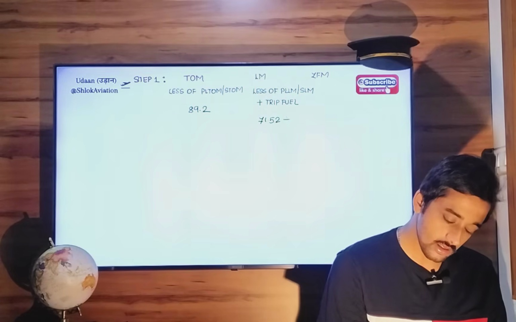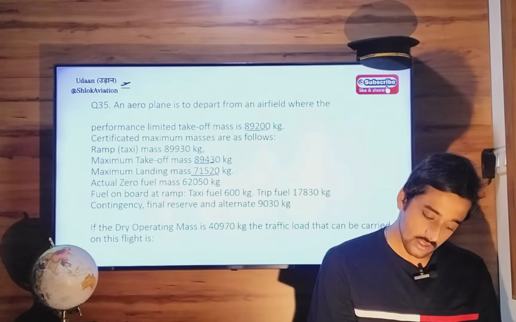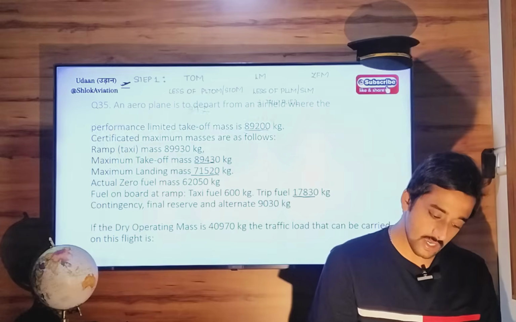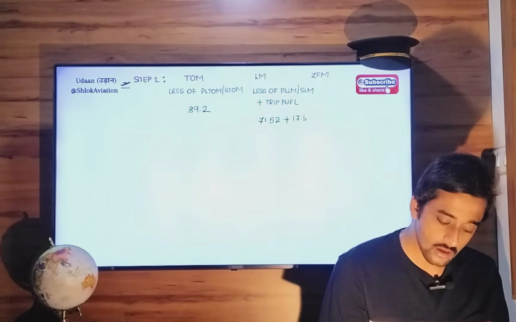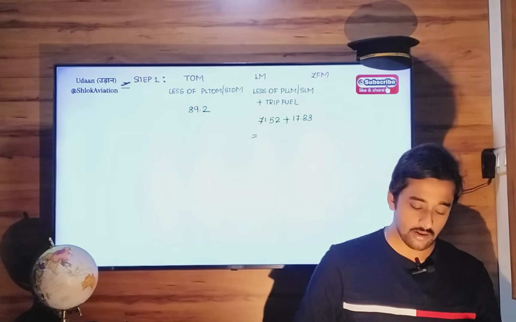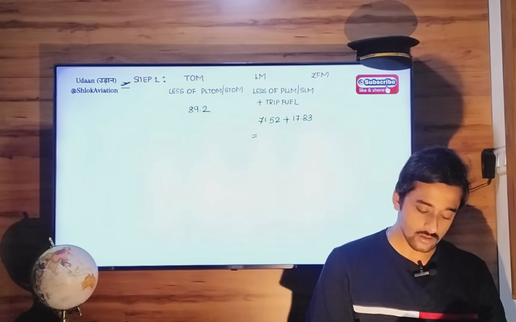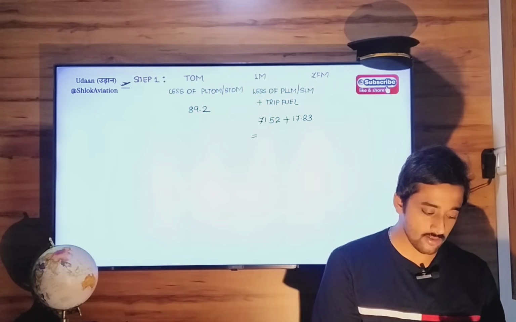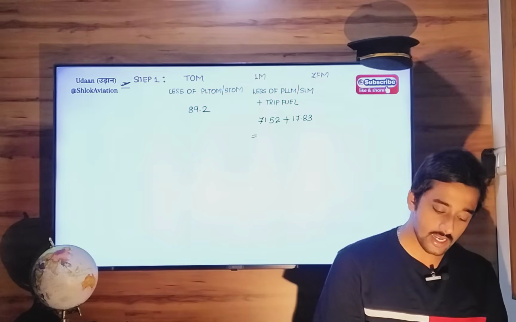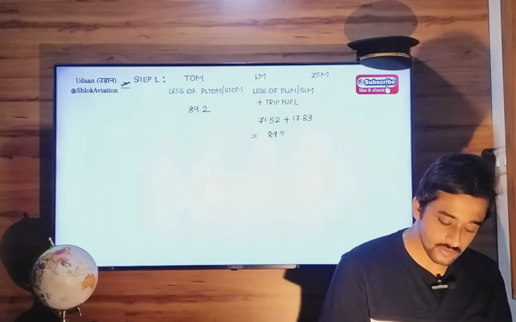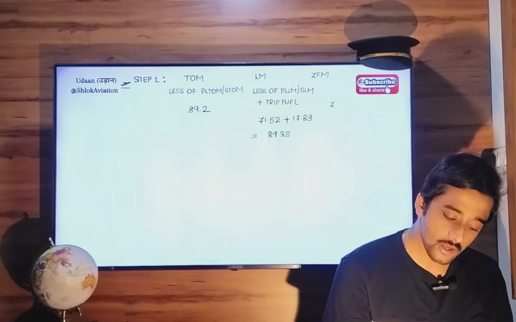Trip fuel 17,830, 17.83. So 71.52 plus 17.83 is 89.35.